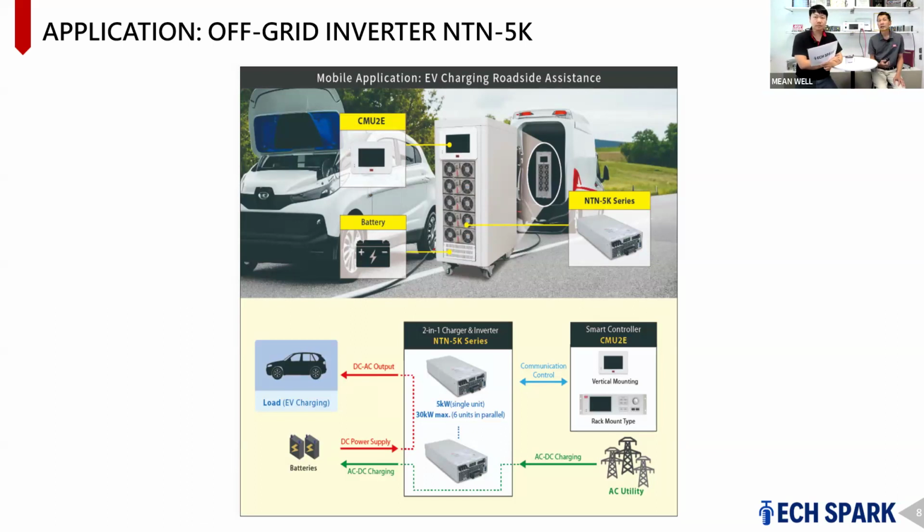If the customer doesn't need that much high charging current or power, they can use the CMU2E or the SPPO1 programmer to lower the charging current, because higher charging current may damage your battery. Some smaller batteries may not be able to charge with such high current. But the unit is designed so that you can control the charging rate if you want to.